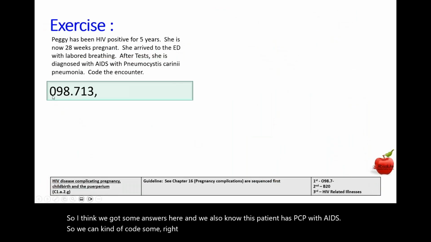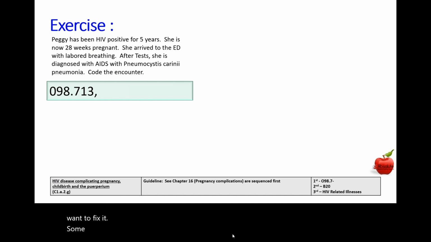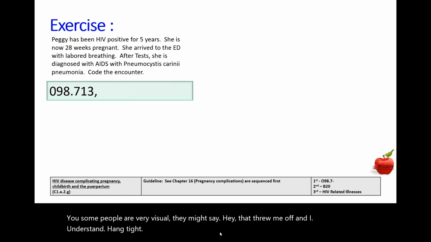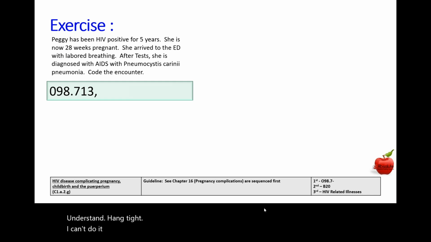We know our first code is O, not zero, Mrs. J. O. One second, okay? I want to fix it. Some people are very visual, and they might say, hey, that O threw me off. I understand. Hang tight. I can't do it, it's not letting me.